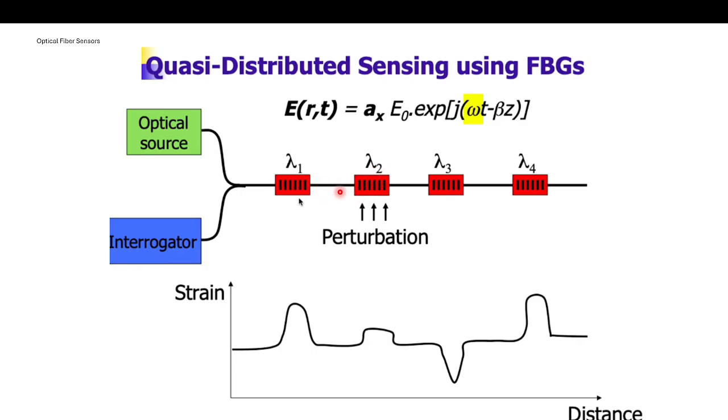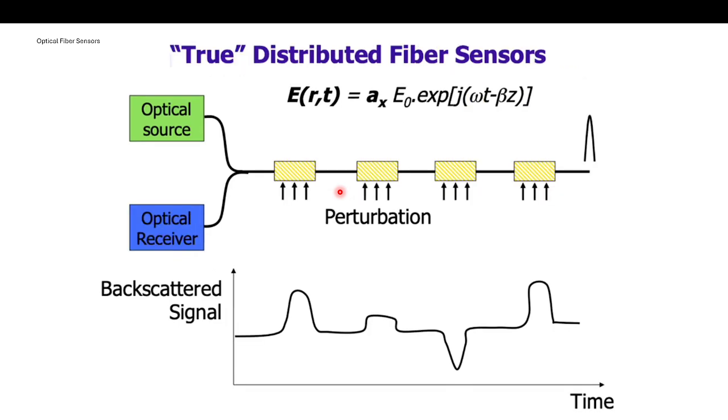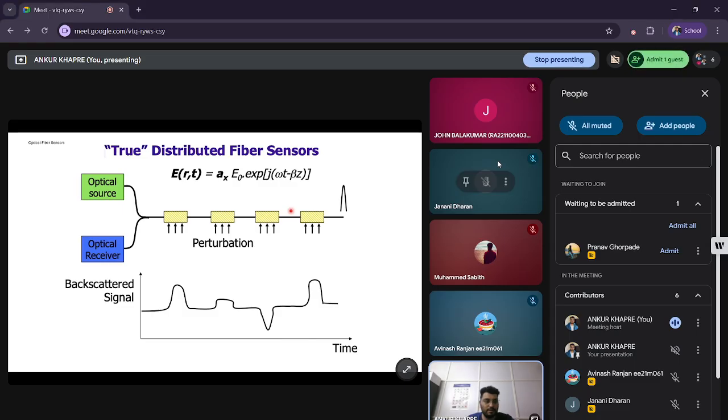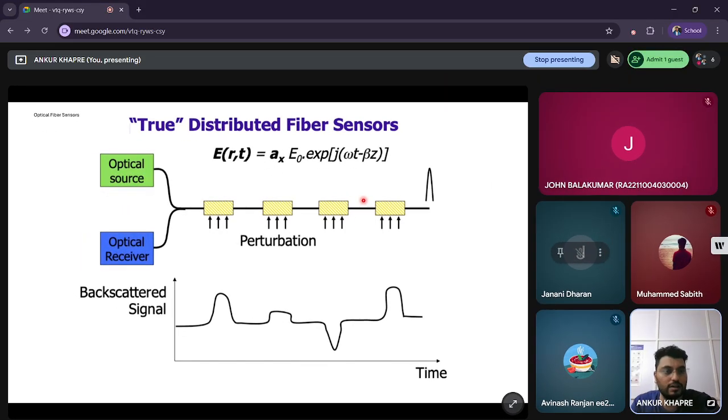To rectify this problem, the perturbation can be detected anywhere if you are using the wavelength temporally.